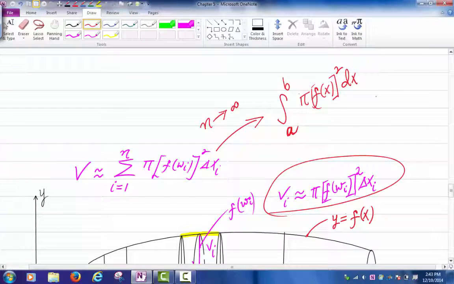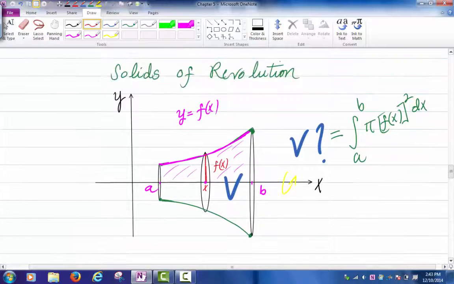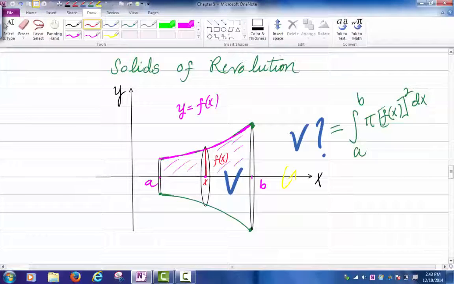Remember, that's what I said, that the volume of a solid of revolution like this, where I am revolving the region between the graph of f and the x-axis from a to b around the x-axis, is given by this formula. Again, it's important to realize that you're integrating the cross-sectional area, right?